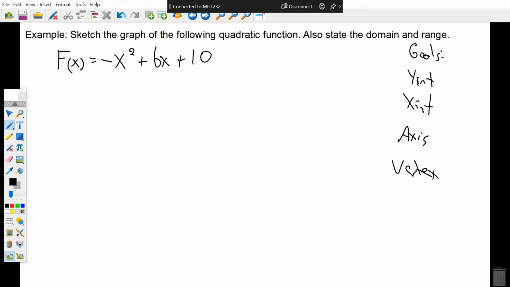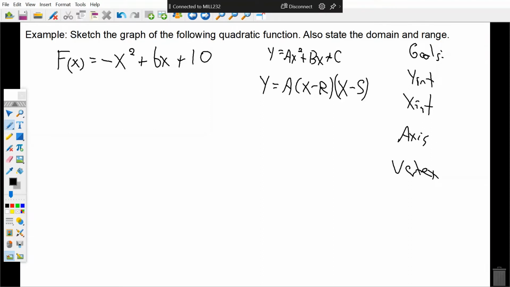Right now we're in standard form, which is ax squared plus bx plus c. And the goal is to get to factored form, which is y equals a times x minus r times x minus s.